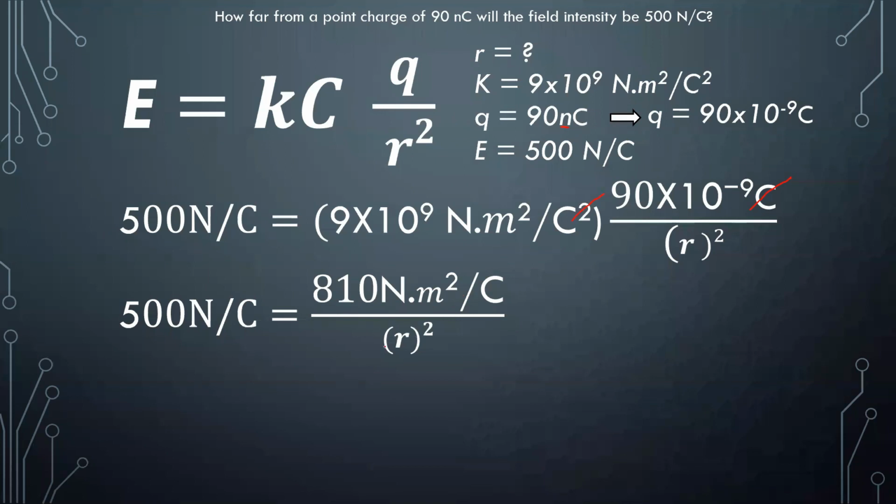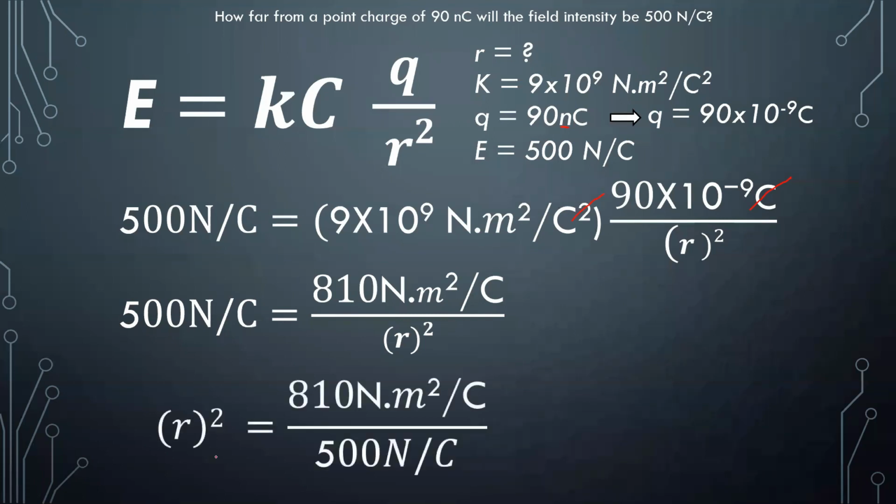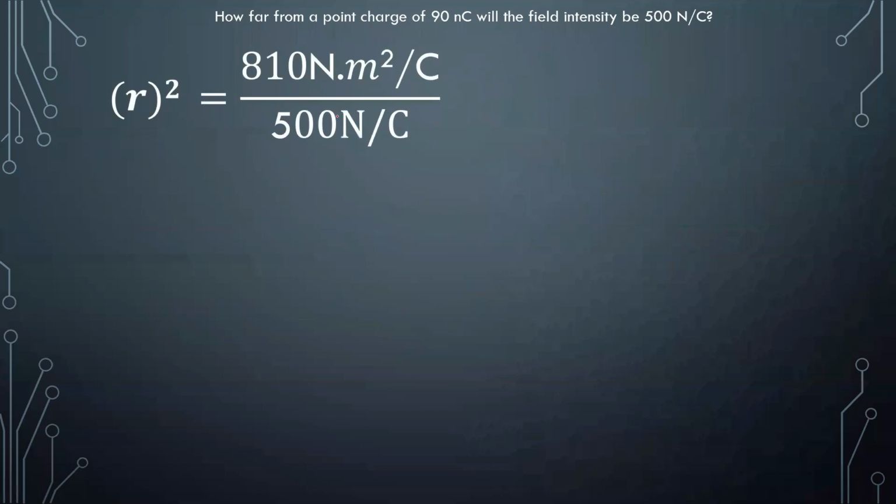Since R is what we are looking for, we transfer it to the other side, and the 500 we also transfer to the other side. Next slide. So the nano cancels, and the newton and the coulomb cancel. So 810 divided by 500 is 1.62 square meters.